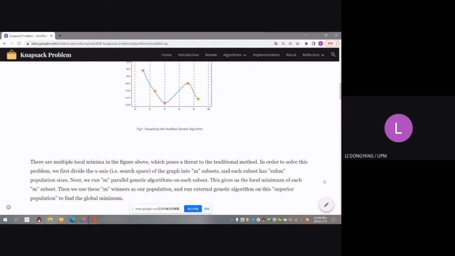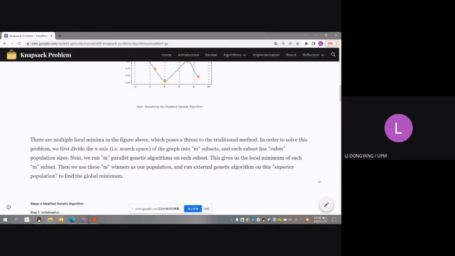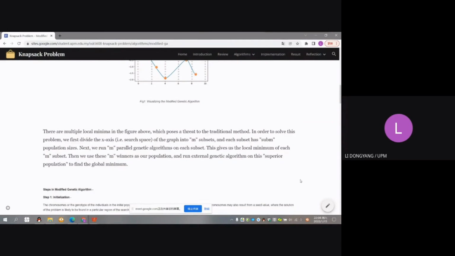In order to solve this problem, we first divide the x-axis of the graph into m subsets, and each subset has a subpopulation size. Then we run m parallel genetic algorithms on each subset. This gives us the local minimum of each of the m subsets. Then we use the m winners as our population and run an external genetic algorithm on the superior population to find the global minimum. It has a very good effect and makes the result good.